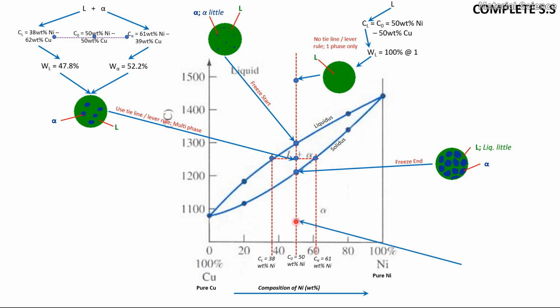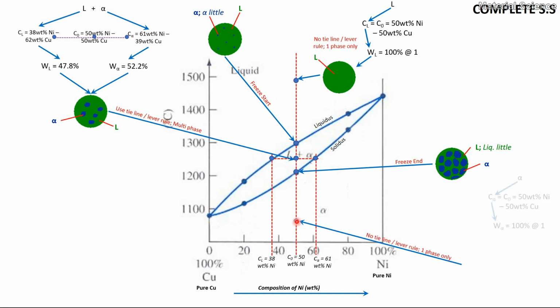Okay, we put the point here. The phase present for this point is alpha only, meaning one phase only. So if there is one phase only, we do not need to apply the tie line or lever rule.